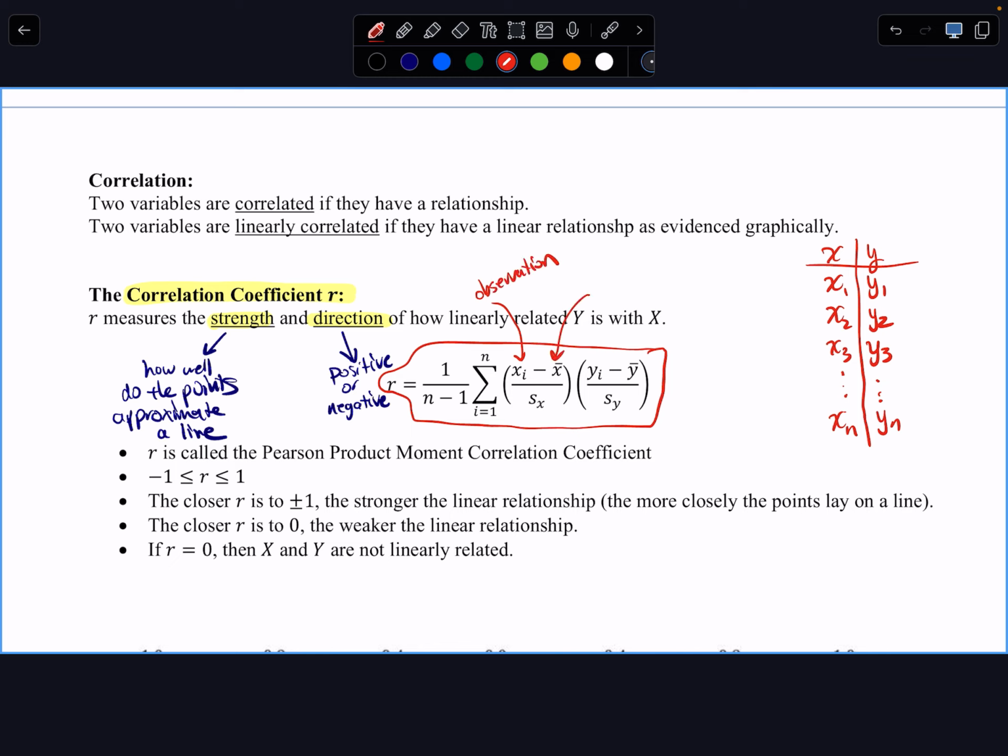This is our sample mean. And this is our sample standard deviation. I'm going to abbreviate that with SD. When we take an observation and subtract the mean and then divide that subtraction by the standard deviation, what did we call that before?